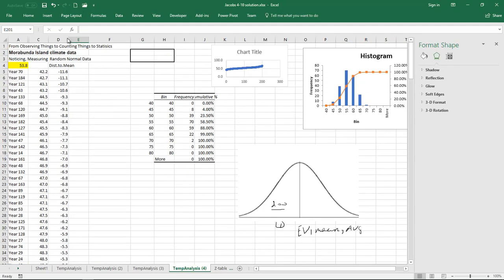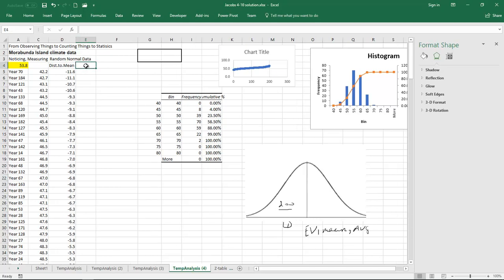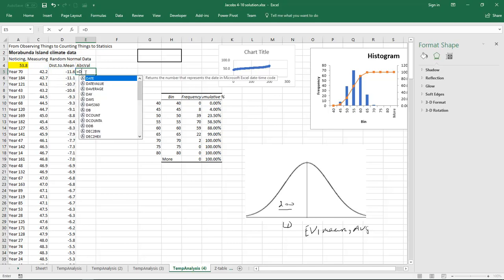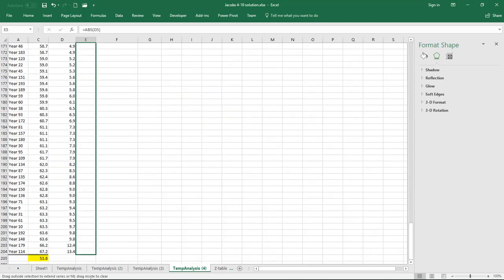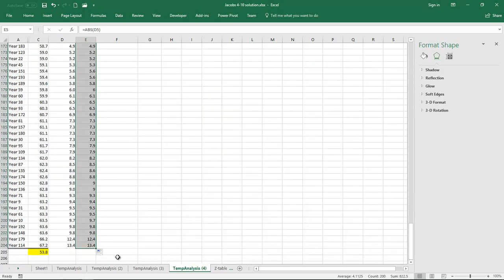Okay, so now this is where our story takes off, and now we need the absolute value of all these numbers. So this is going to equal this. We'll put the absolute value function in here. We'll click that and we'll close it off, and it's going to give us the positive value of these. So we're really interested in just the positive value.